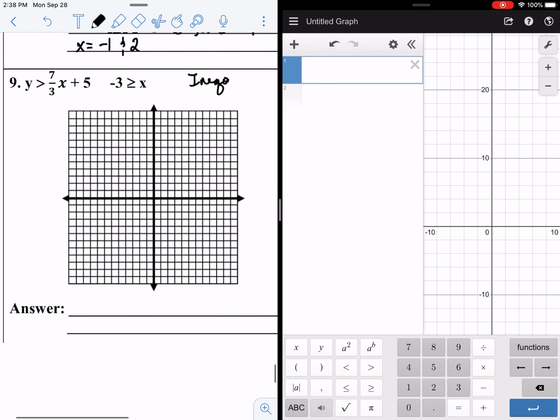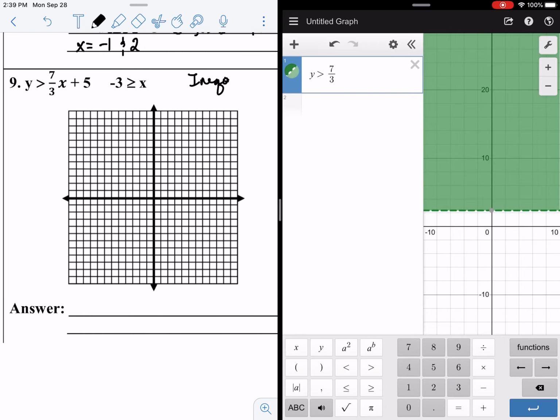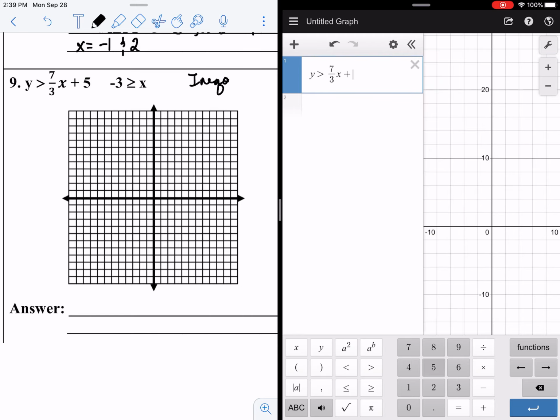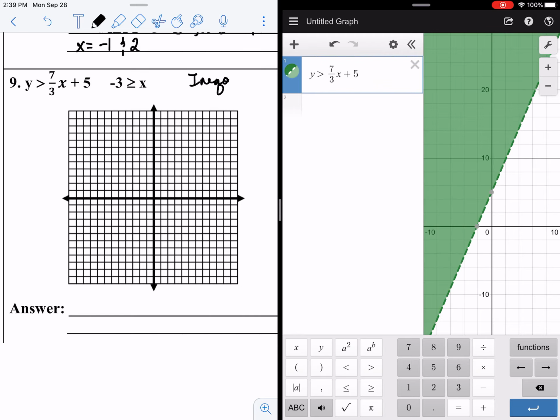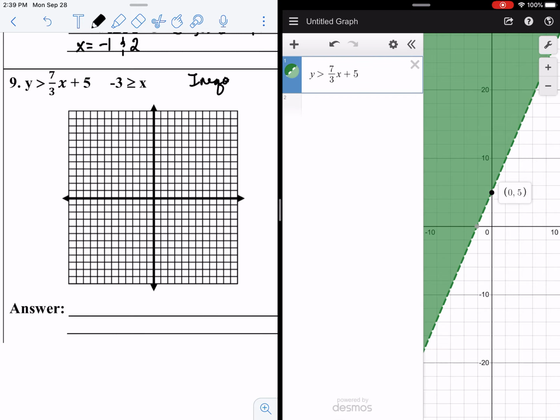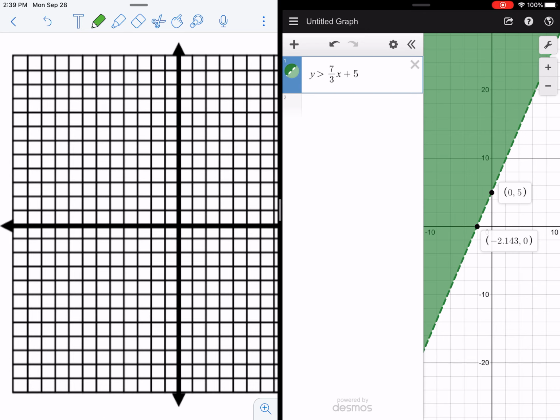So again, you just start typing these in Desmos. y is greater than 7 over, so I have division, I'll make sure I type that in first, x plus 5. For this one, I am going to be just a little bit more accurate: (0, 5) and then (-2, a little bit over).